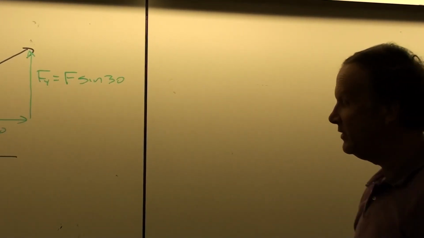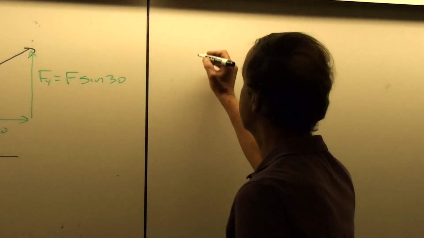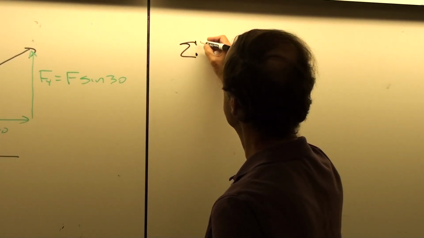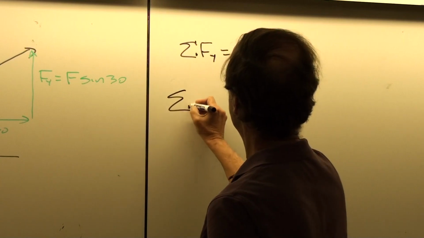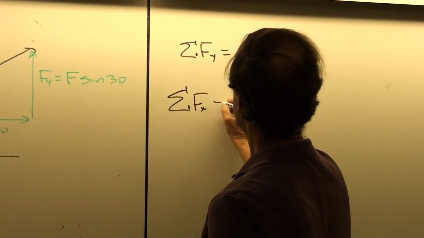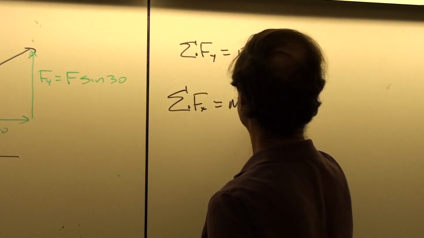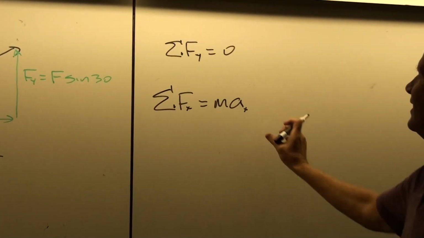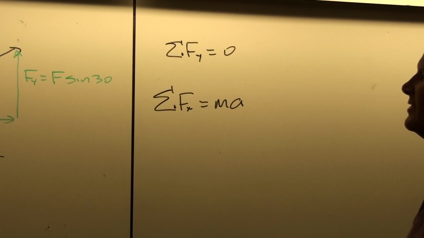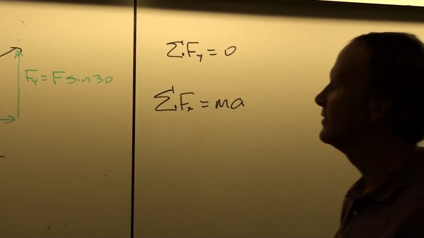And we have two equations to work with now, because we've got the sum of the y forces equal to 0, and the sum of the x forces equal to mass times acceleration. And this is x acceleration, because there is no y acceleration. So I just leave it as a, because it's just assumed that we know that it's in x.